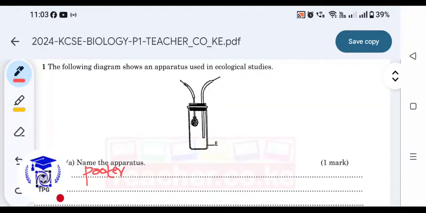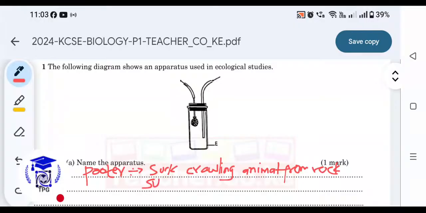And the function of the pooter, even if we have not been asked to write it down, is to suck crawling animals from rock surfaces and barks of trees.